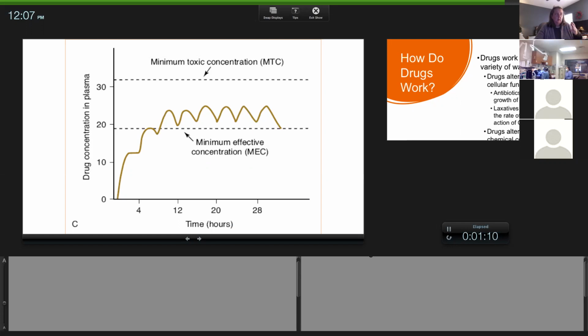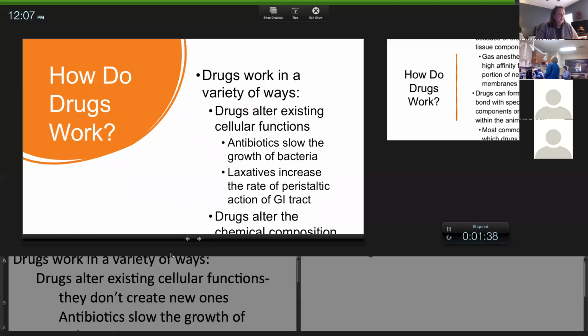And the clinical application of that, like I explained yesterday, is making sure the client knows you have to give this every 12 hours versus once a day. You really can't alter that interval, because that interval is designed for a specific drug to maintain a therapeutic level. And that's where a technician comes in, like I explained to the owner, you don't want to alter this timing.